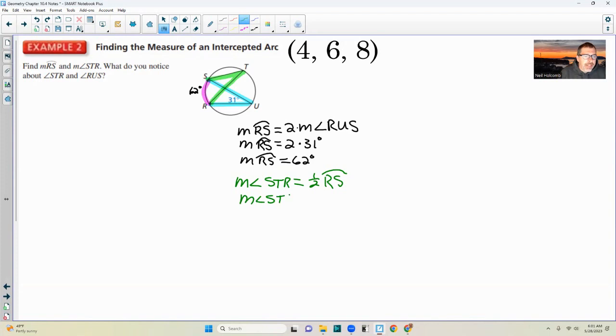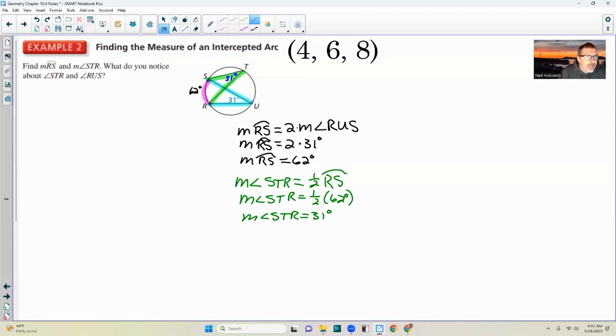And the measure of angle STR equals 1/2 of 62 degrees. So the measure of angle STR equals 31 degrees. Okay, so let me change to blue here. So this is 31 degrees. So notice what happened here. This intercepted arc RS is being intercepted by 2 inscribed angles, angle STR and angle SUR.